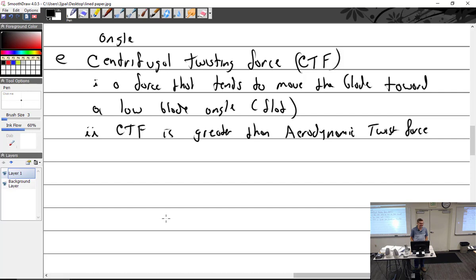I'm going to explain: the prop is rotating this way, so the weight will want to sling out in the rotation. So without these weights, take them off, throw them away, then this centrifugal twisting force will make the blades go flat.